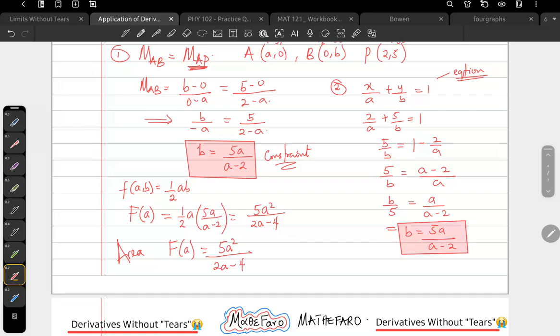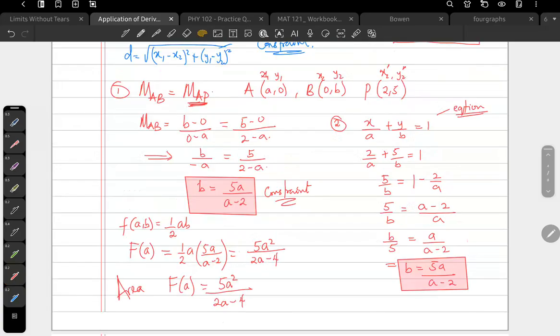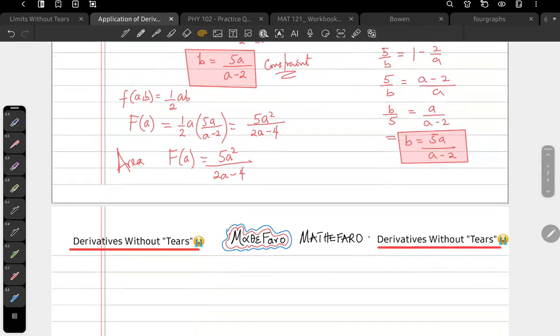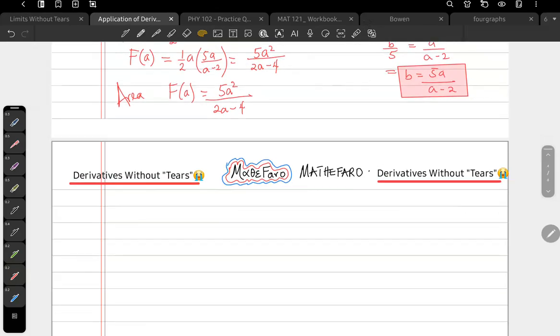So it is easy to find the minimum point and the minimum value of this function, since it is now in one variable. We recall that to minimize or maximize a particular function, the step is to find a critical point by solving the first derivative of the function equated to 0 for a. When we solve f prime of a equal to 0, we get the critical point for a.